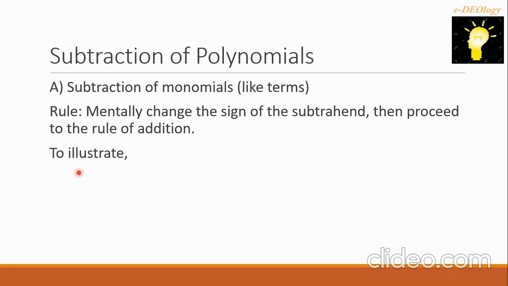To illustrate, suppose we have a minus b. What we will do, in here the b is positive, we will put the minus sign with a b, and then the operation becomes addition here. So in relation with our rule in subtraction of monomials, suppose the b is positive, showing this as minus b means we should change the positive into negative.